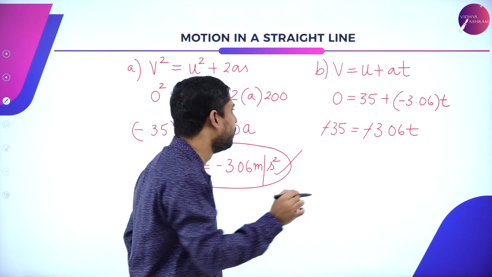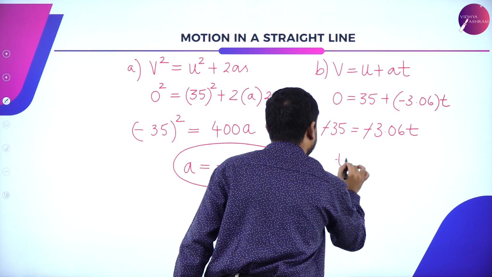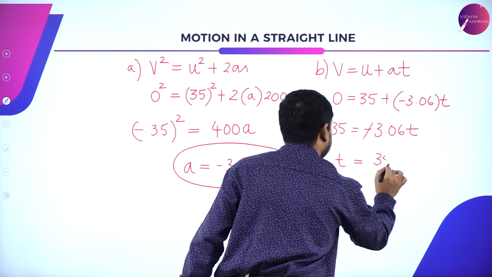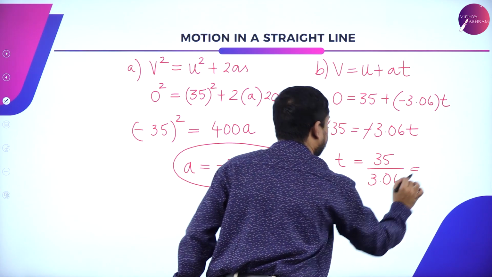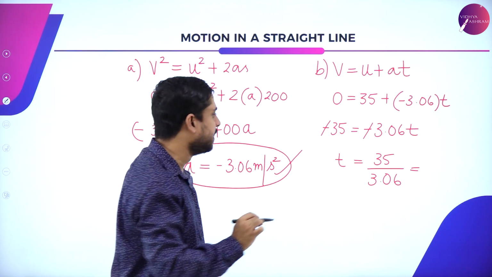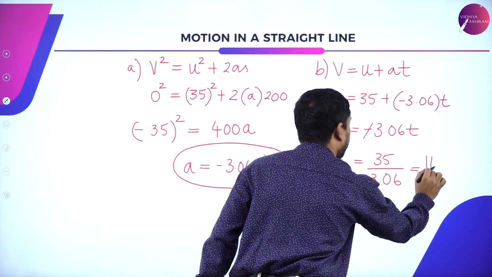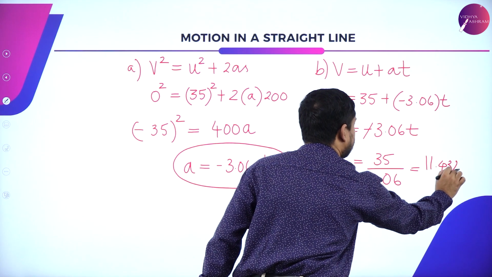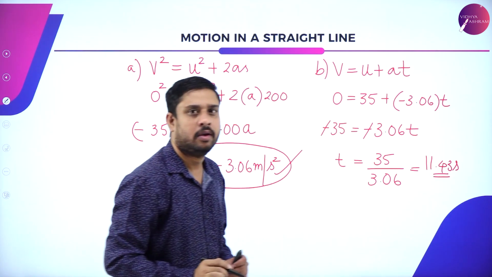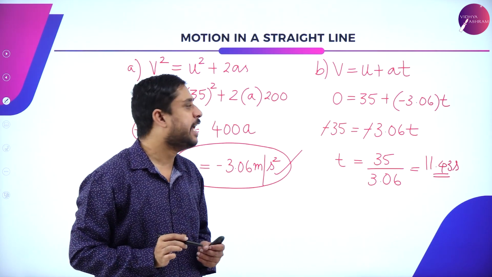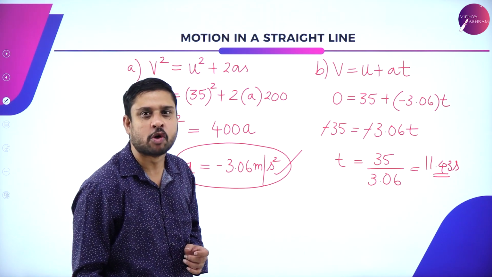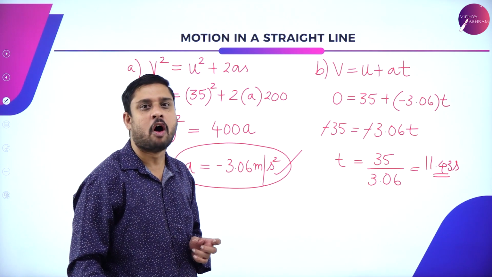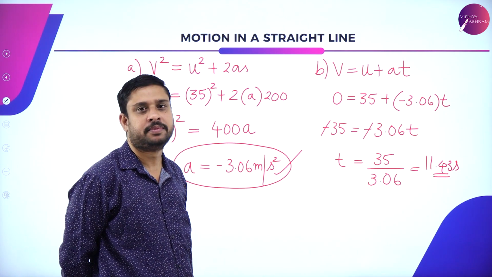Now simple simplification. t is 35 divided by 3.06, which is nearly 11.43 seconds. So very clearly, I have used two equations of motion and solved the given problem.